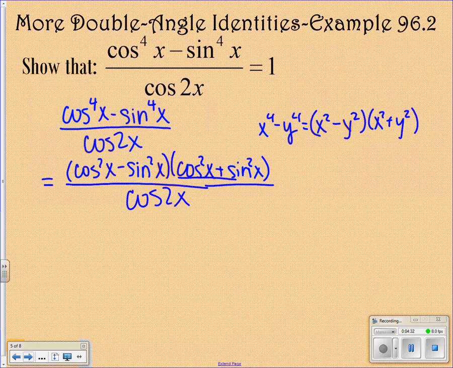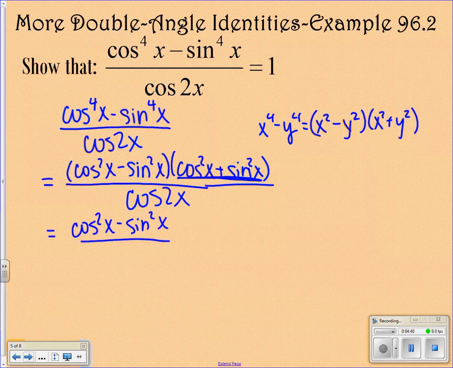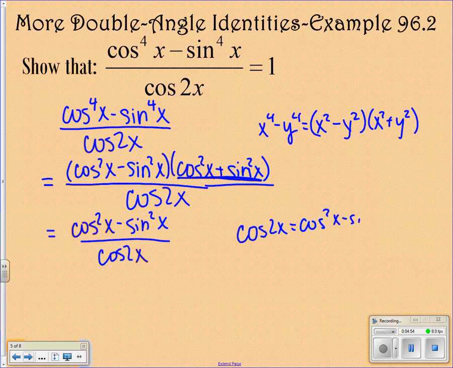Well, cosine squared, sine squared, when you add those together, that equals 1. So we really just have cosine squared of x minus the sine squared of x over the cosine of 2x. Now, you can either substitute the numerator or the denominator. The cosine of 2x equals cosine squared x minus sine squared x from your double angle identities.